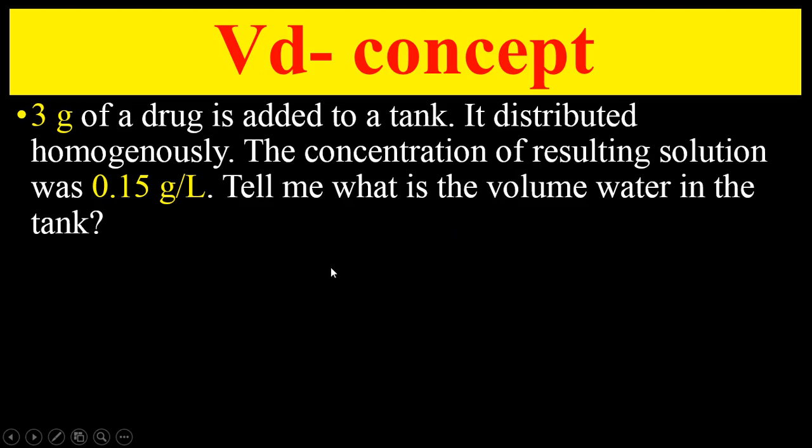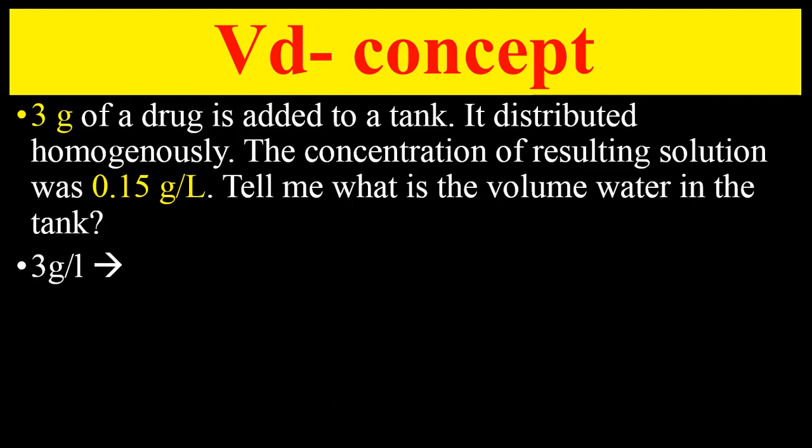So to understand this, we go back to the unitary method. I don't want to use the formula directly. I want to derive the formula, in fact. So let's see.